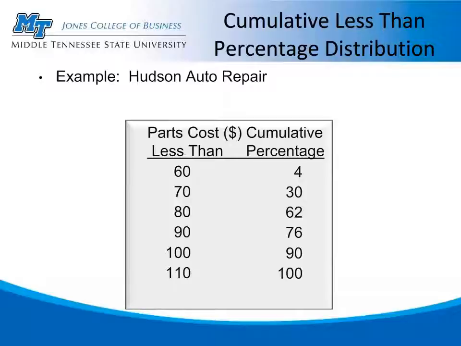The original classes from the frequency distribution that were used to generate this cumulative form had widths of 10. So the logical thing to do here is to go 10 below 60 and use the number 50. None, 0% were less than 50. And then we go all the way down to 110, and we have 100% of the values that were less than 110. But we can use the values from 50 to 110 to construct what's called an ogive.